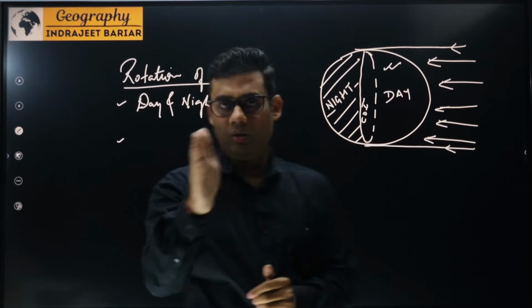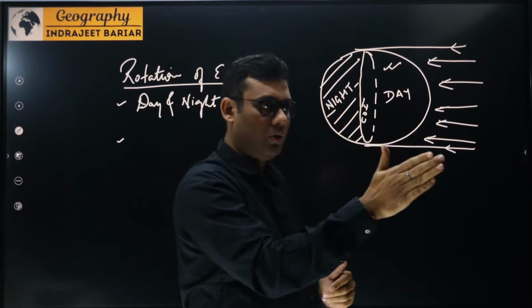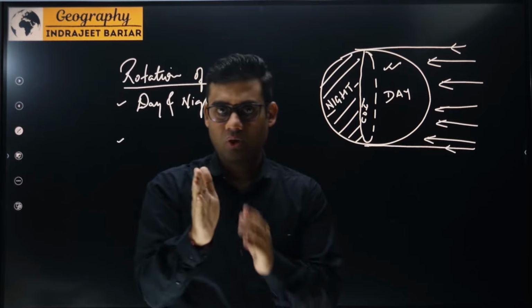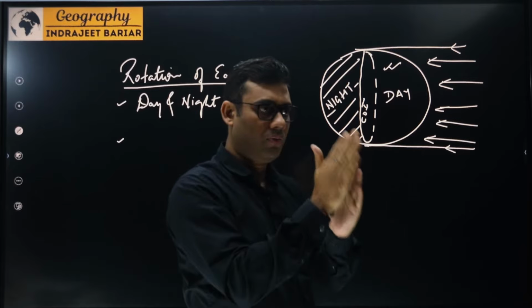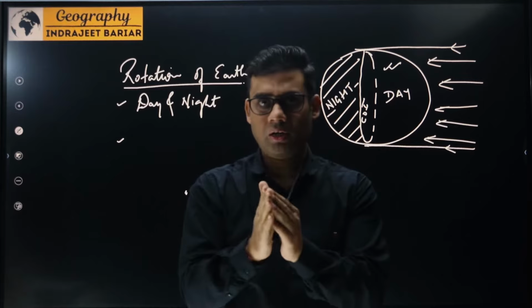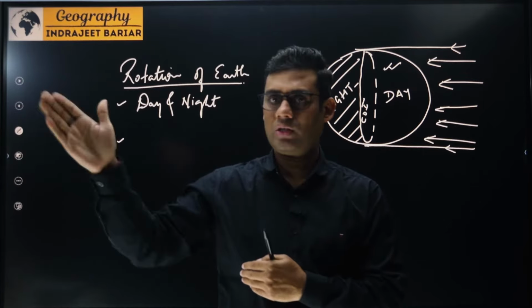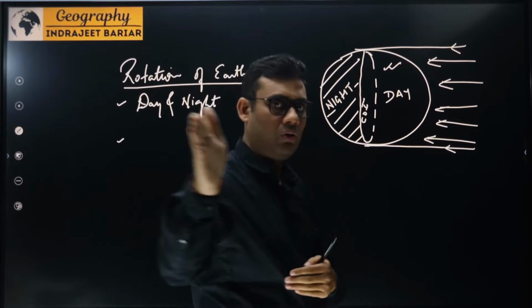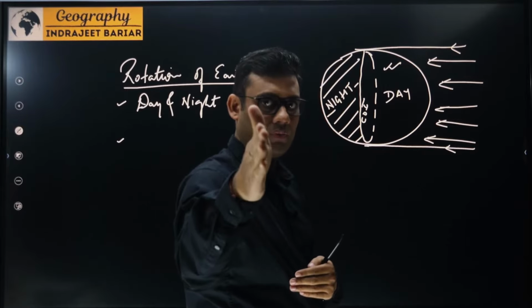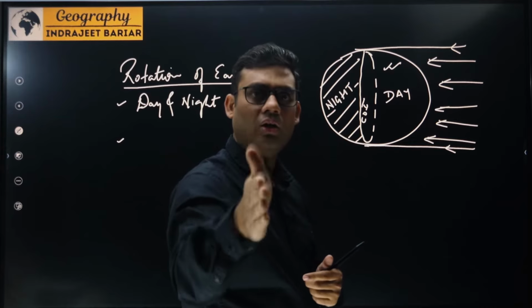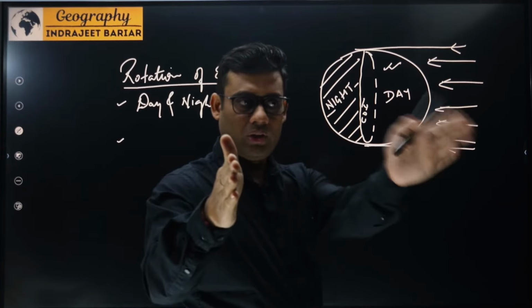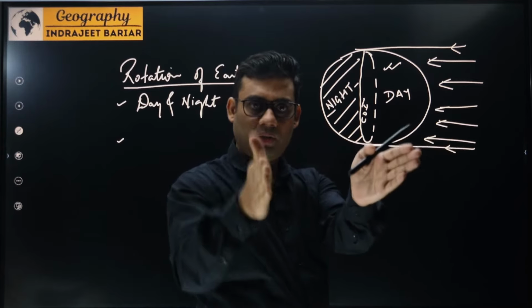So if during this movement 1 hour has elapsed, for me it was 12 noon and now it is 1 p.m. But at the same time, when I was facing over here, a place over here was facing in this direction. As I move, now this place faces the sun. So this place now will be having 12 p.m. So when this place is having 1 p.m., this place is having 12 p.m.